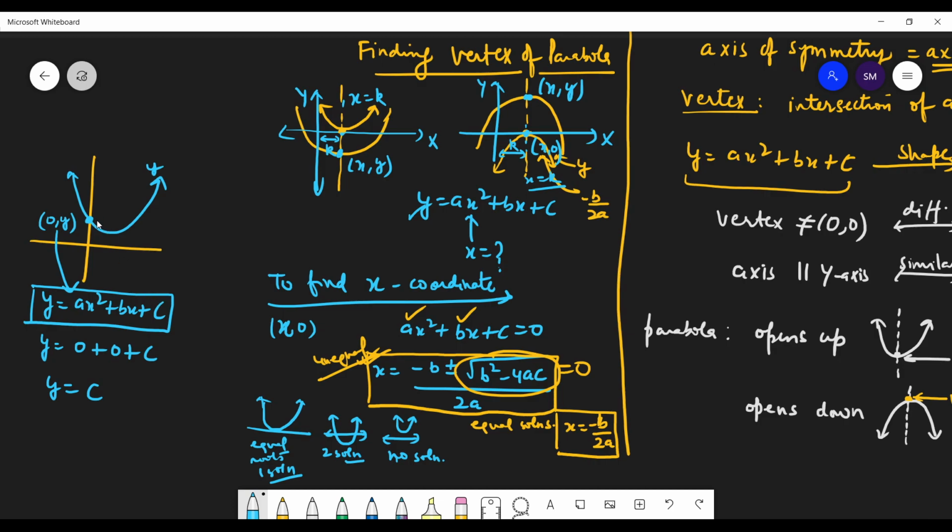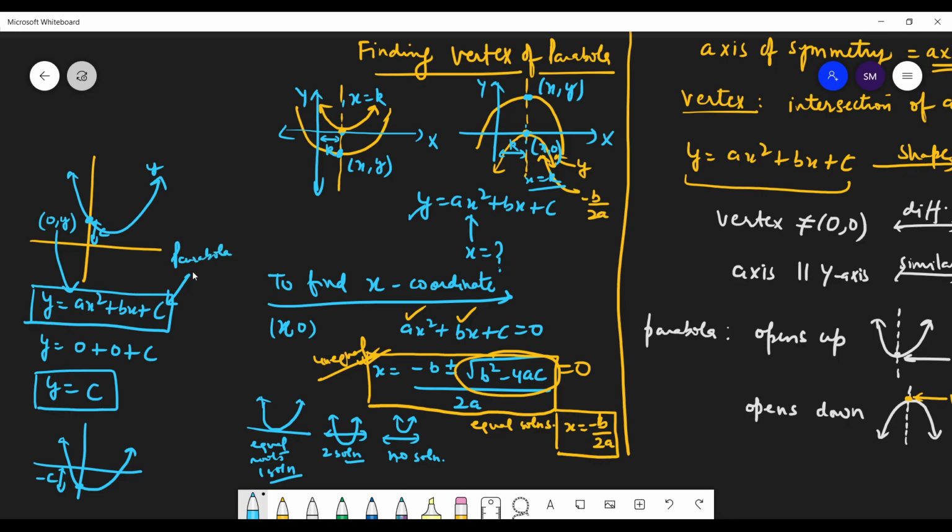This c is positive. It means it is cutting the y-axis at this c. And if c is minus c, then this is your point where the parabola cuts the y-axis.